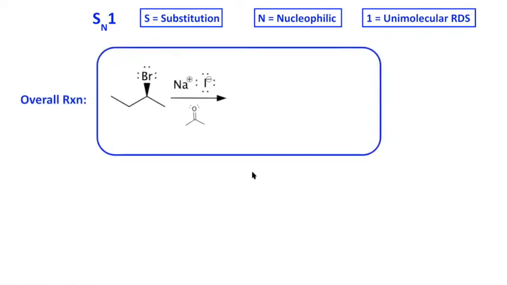What kind of electrophile do we have here? Is this a methyl electrophile? Primary, secondary, tertiary? Yes, secondary. There we go. Good job. And so it's a secondary electrophile. Oh, what's the stereochemistry on this one? Is this R or S?